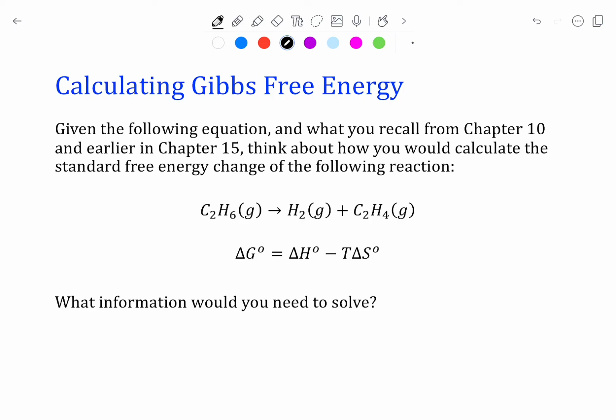Since we have a balanced chemical equation, we can find our delta S and our delta H from appendix 2.